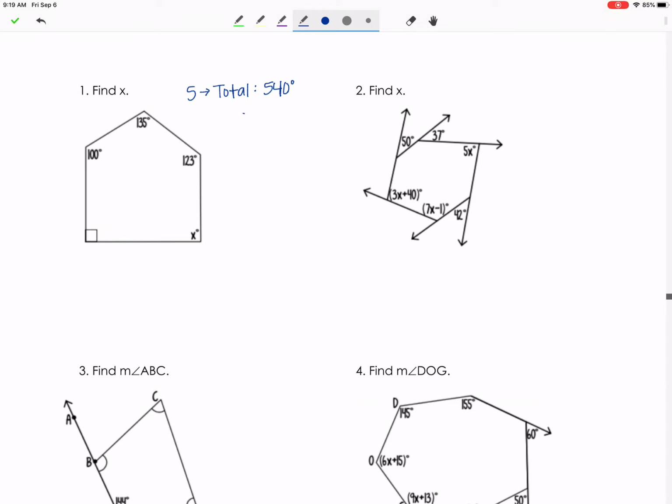So if we already know that we have angles of 100, 135, 123, and 90, don't forget about that in the corner, then we should just subtract all of the angles we currently see, and that missing angle would have to be 92.